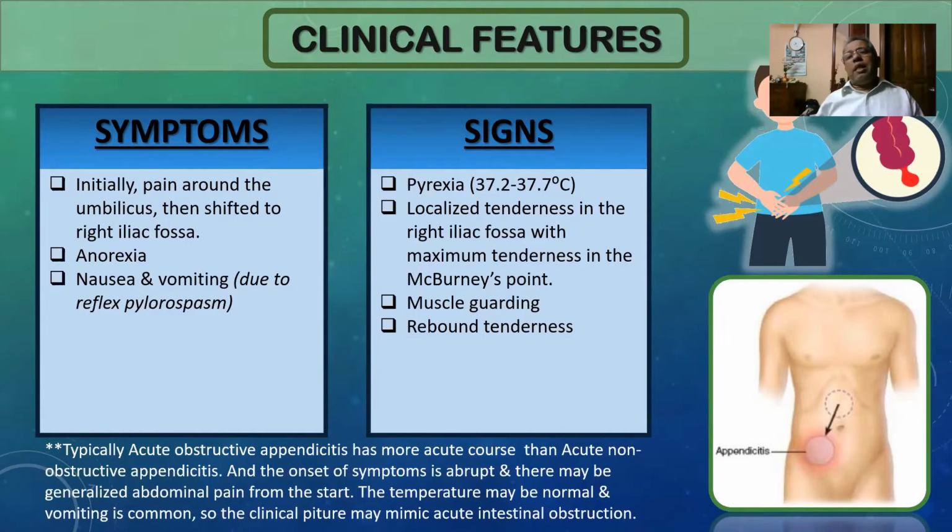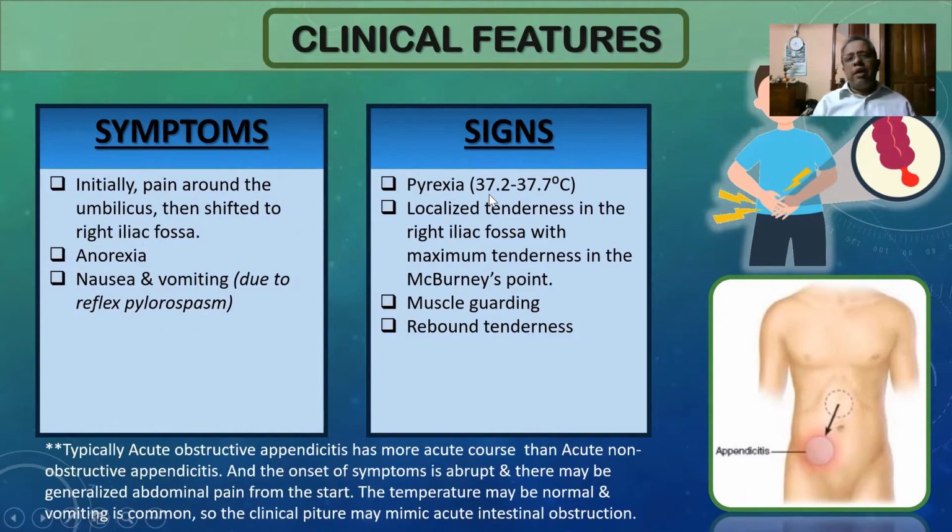But as the infection and inflammation proceed, the appendix touches the parietal peritoneum, and for that reason the pain is shifted to the right iliac fossa. So first pain around the umbilicus, then shifted to the right iliac fossa.